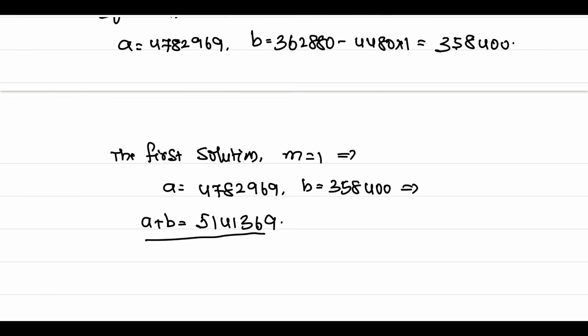Similarly, other values you try to find. There can be a question of this type, find the number of solutions, then you can stop the answer at number of solutions. M is equal to number of solutions. And if they ask you to find out A plus B, you find out. If they want you to find out A and B, you find out. If they want you to find out A square plus B square also, you can find out.